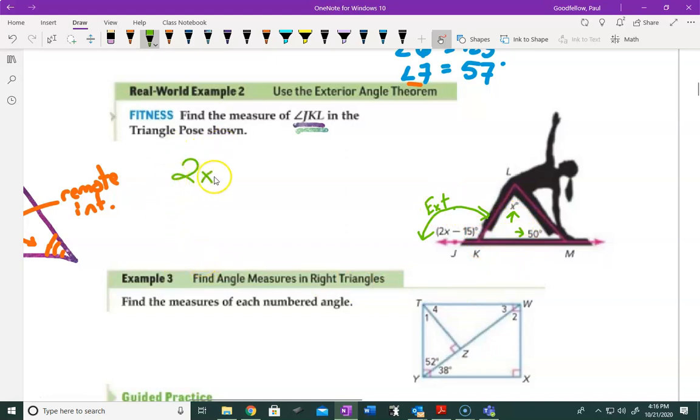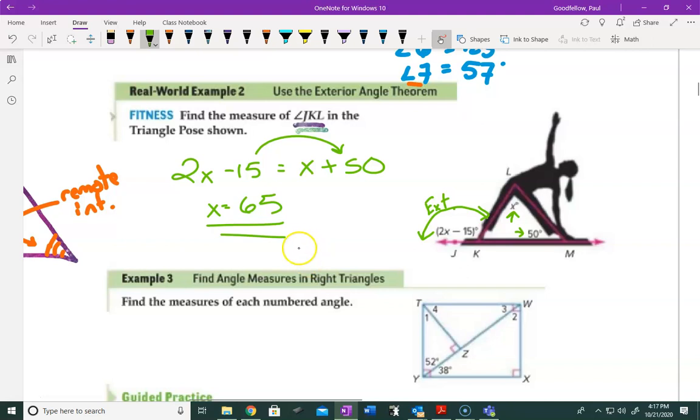So 2x minus 15 would be equivalent to x plus 50. Do you see what I'm doing there? Exterior equal to the two remote interiors. Now, a little solving: subtract x, add 65, and I'd be able to get the answer for x is 65.